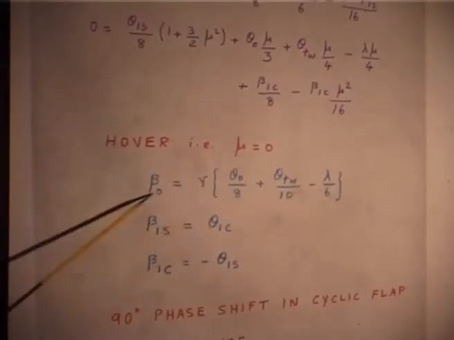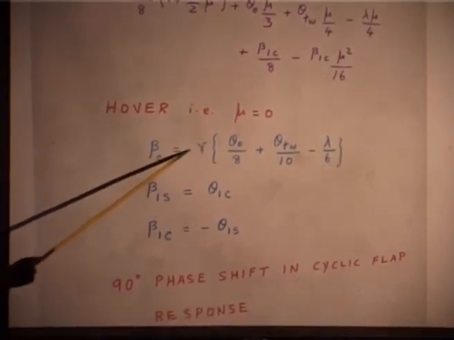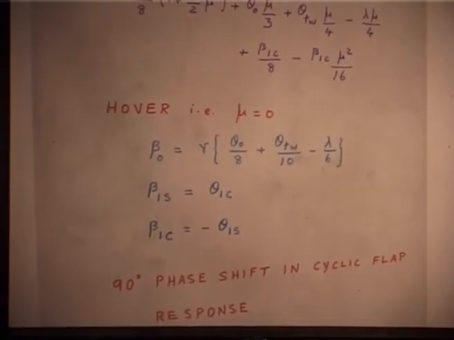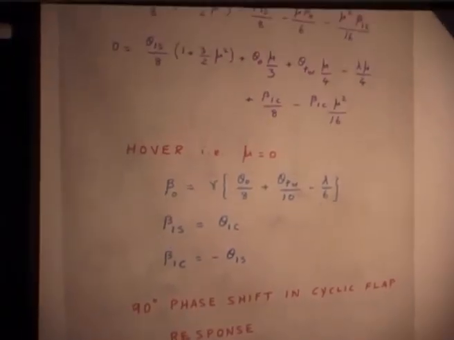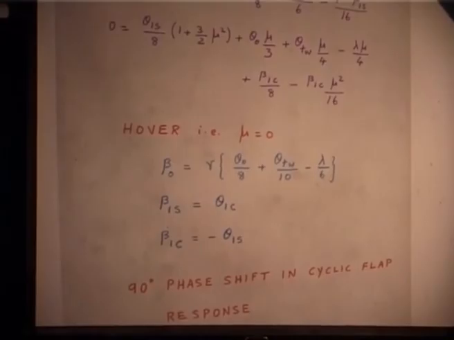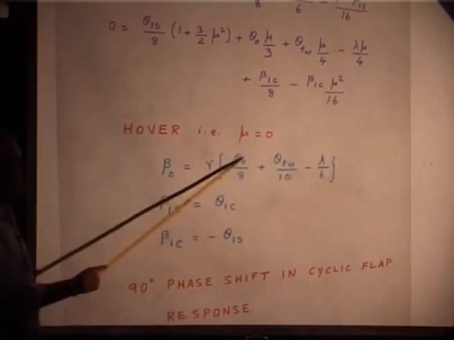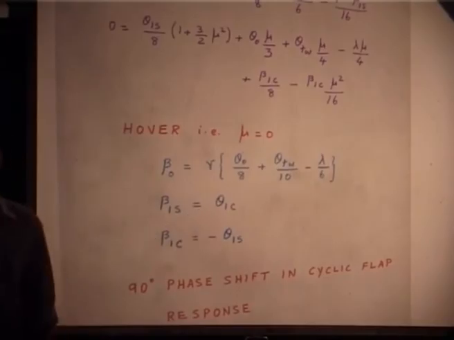That means, to an extent, if you see, this is the Lock number, which is aerodynamic force by inertia force, rho a c R power 4 over IB. IB is the mass moment of inertia of the blade about the flap. And then of course, collective pitch, this term looks somewhat like CT, okay.